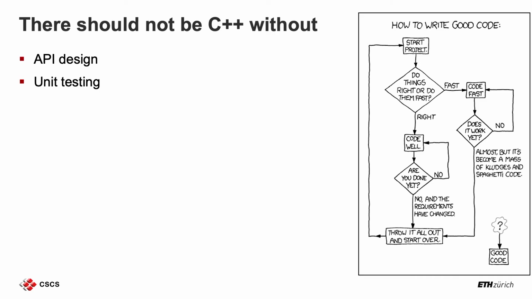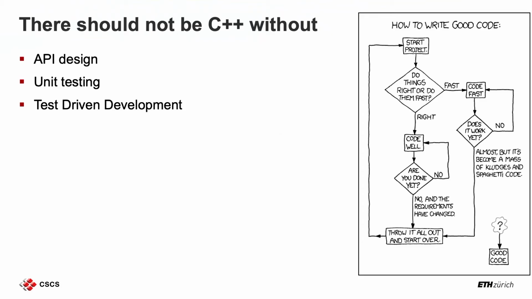You need to be sure that the little pieces that you write work, so that when you compose them, also the composition should work, right? It's not automatically true, but at least you have a baseline. And you need to do test-driven development. I will go into this a little bit further on.